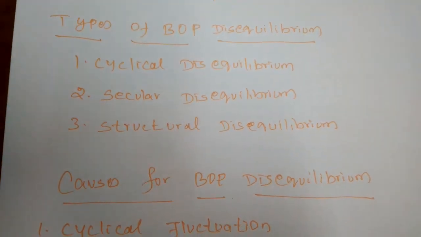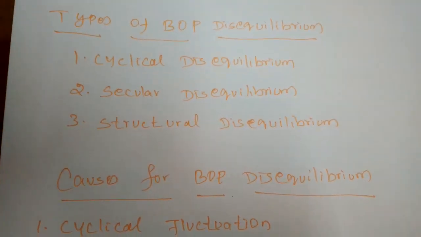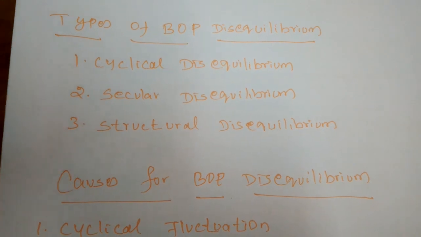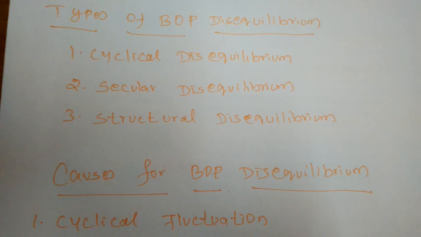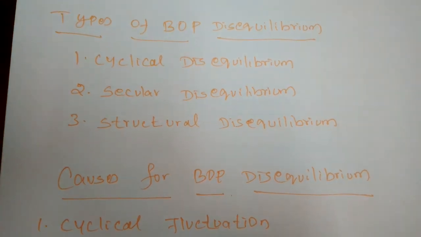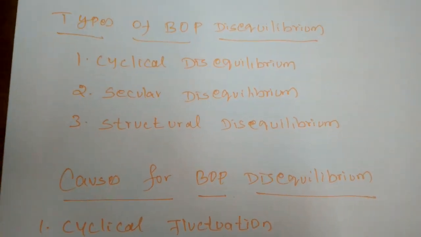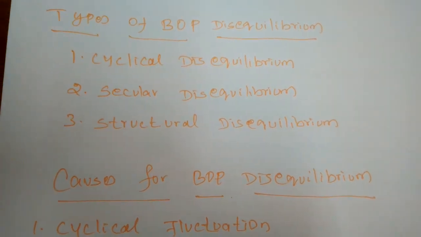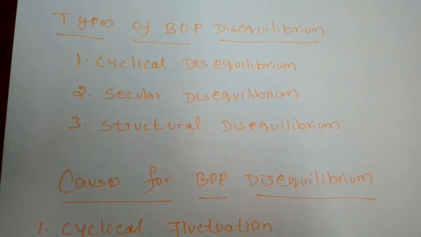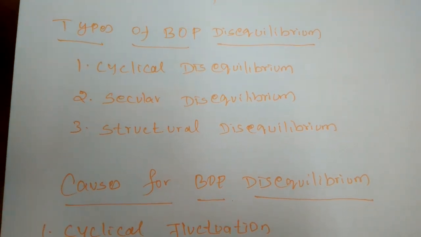The country in depression will import more, and the country in boom will export more to the importing countries. So the balance of payment will be in disequilibrium on the basis of cyclical disequilibrium.